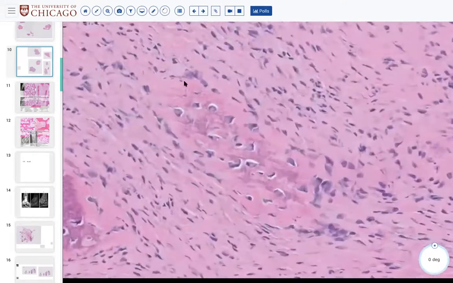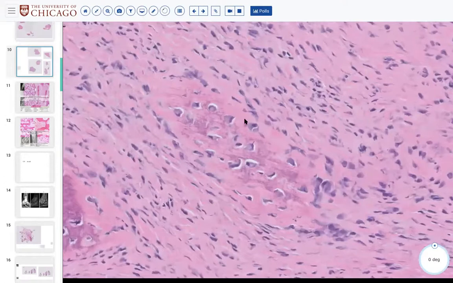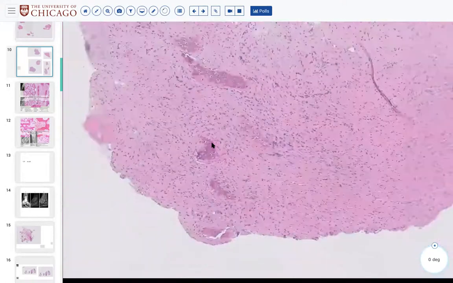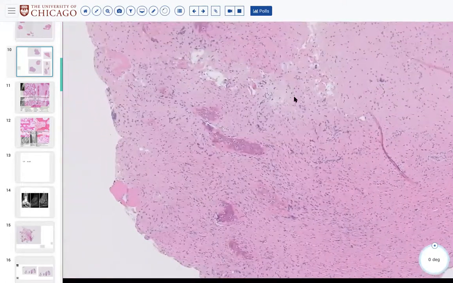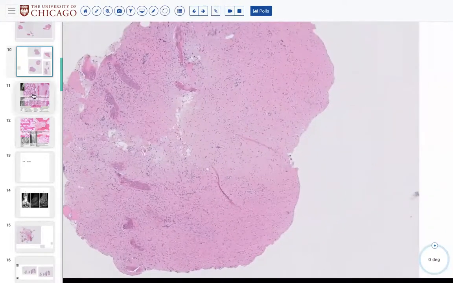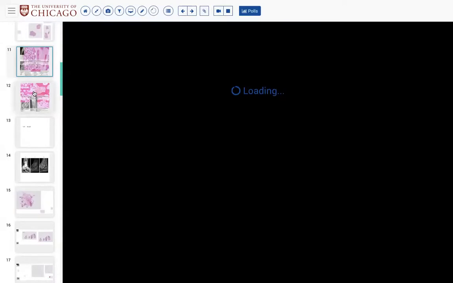The bone in this case is sort of just ossifying right out of the background tissue without too much osteoblast rimming. This appearance of bone right out of the spindled stroma is very characteristic for fibrous dysplasia. Here's my slide on it.